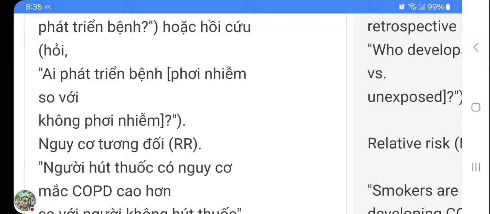So then, what do we say about this? They call this RR, which is relative risk. So equal what? Equal 2 over 1 equals 2, right?